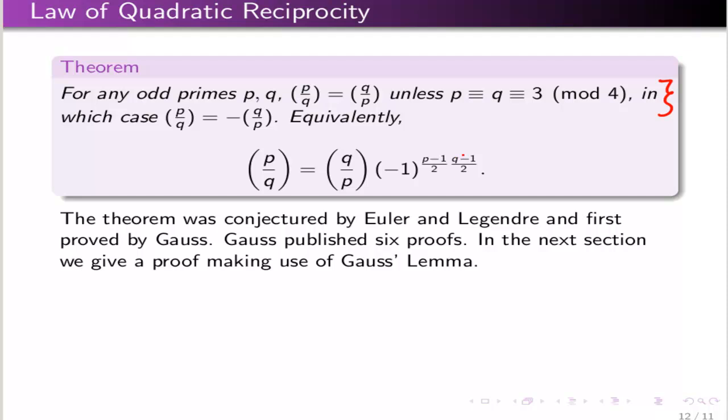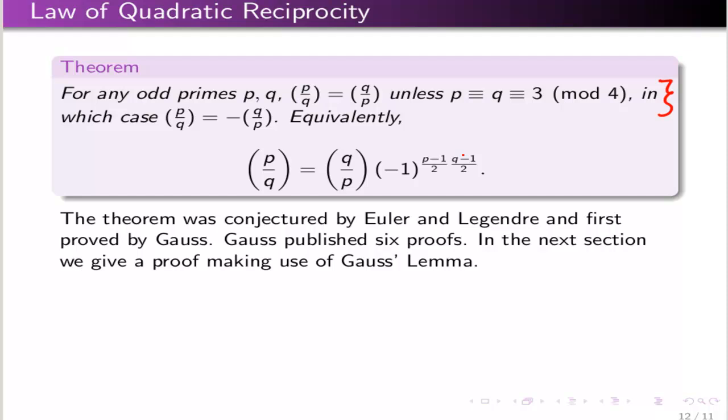So the theorem was first conjectured by Euler and Legendre and first proved by Gauss. Gauss, in fact, published 6 different proofs, and over the next 2 centuries there are probably 100 to 200 different proofs of quadratic reciprocity, and they are all a bit mysterious.